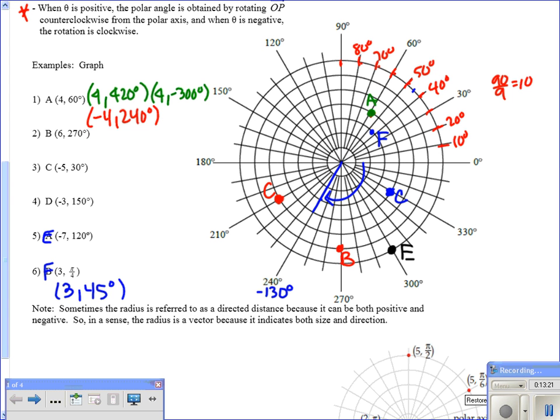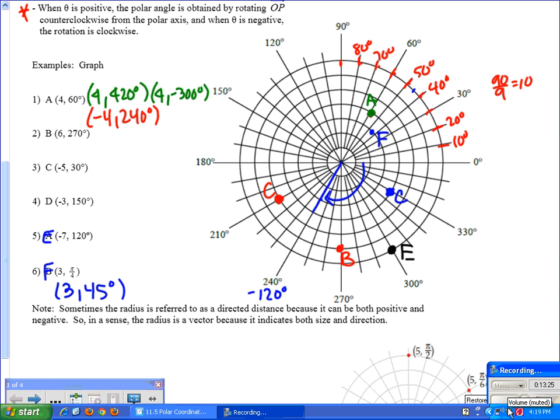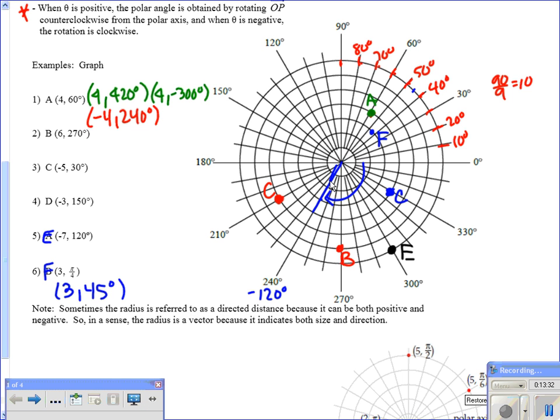Sorry, I accidentally said 130, but meant negative 120. So I went negative 120 in this direction. Well, then I need to go in the opposite direction in order to get to A. So if I did a negative r value, so (negative 4, negative 120 degrees), I would be back at A. So I could keep on going and find more and more representations for point A, and I can do this for all the different points that I have.